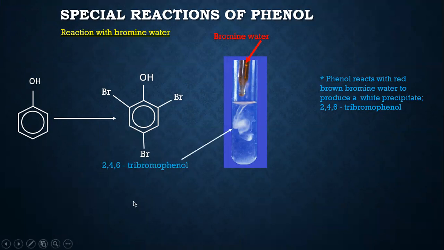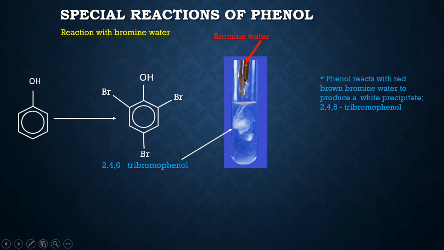2 bromine. Or here I have given 6. When you start counting from one side, this is 2, this is 4, this is 6. So we have 2,4,6 tribromophenol. This 2,4,6 tribromophenol is a white precipitate. See what happens. You are adding bromine water. In the dropper, we can see the red-brown color.